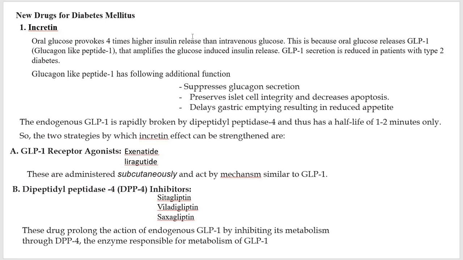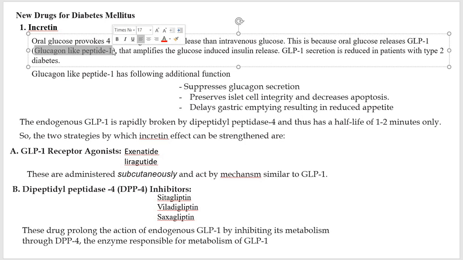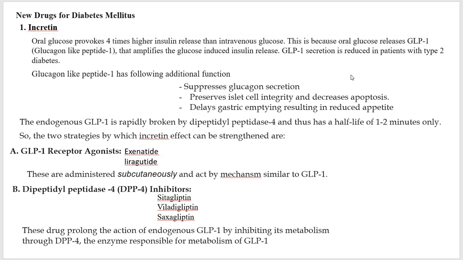Okay, but in some cases that glucagon like peptide amplifies the glucose induced insulin release. Okay, so what it does is it provokes and amplifies the glucose induced insulin release. Okay, so ultimately the insulin level in the person is increased.